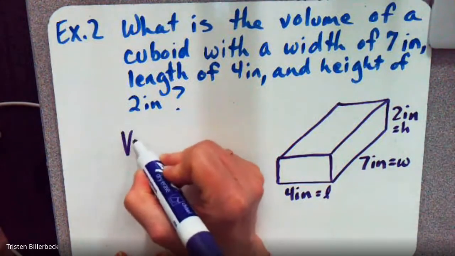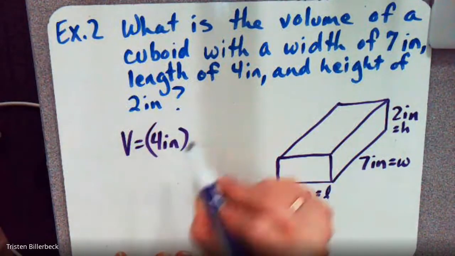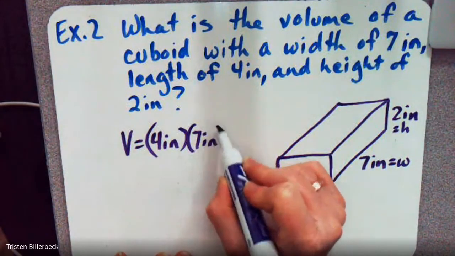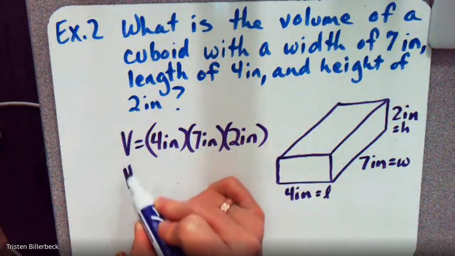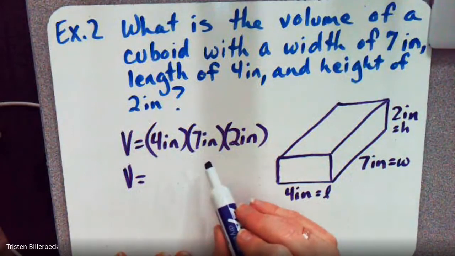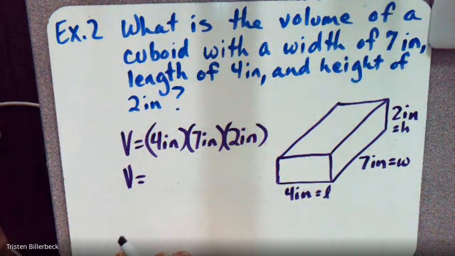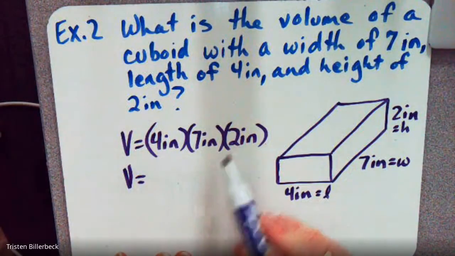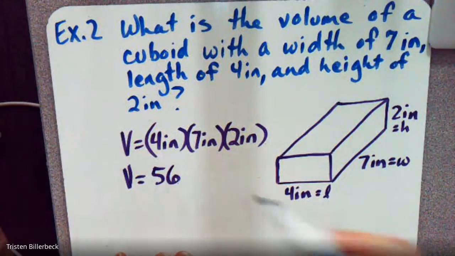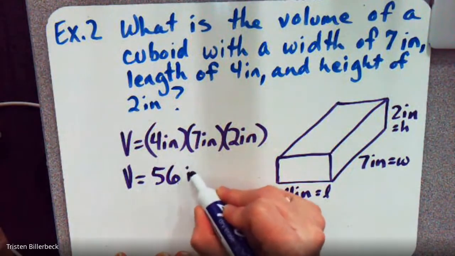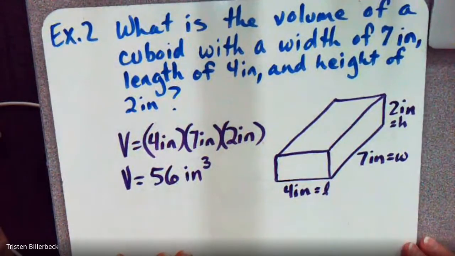So our volume then is 4 inches times 7 inches times 2 inches. So the volume ends up 4 times 7 is 28. 28 times 2 is 56. Or we could have seen 4 times 2 is 8, and 8 times 7 is 56. We're using the commutative law of multiplication. So we have 56 inches cubed because we're talking about volume.